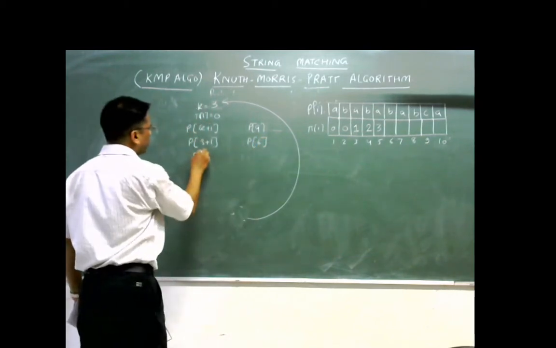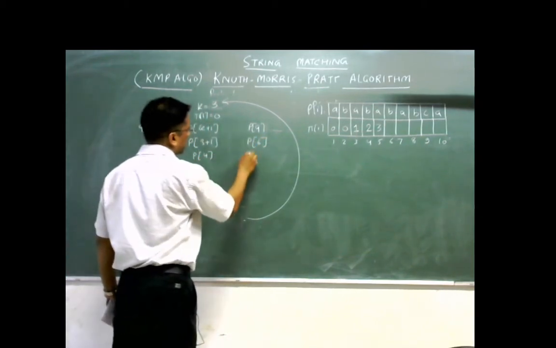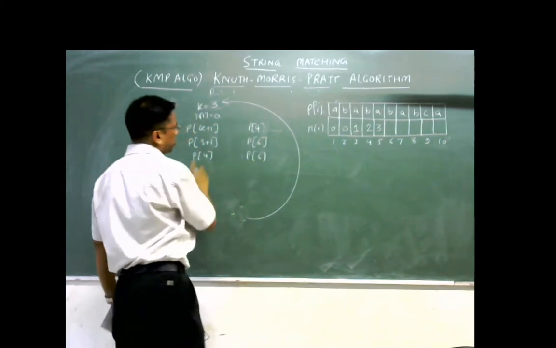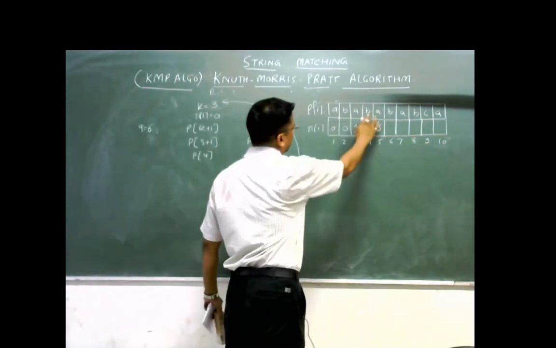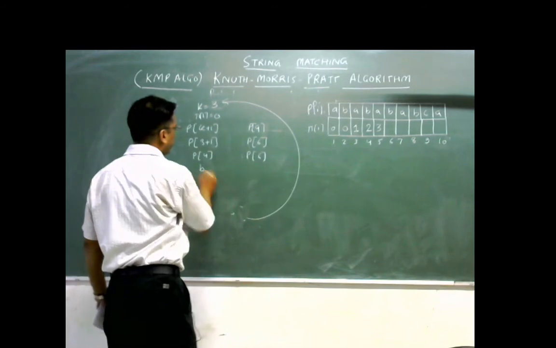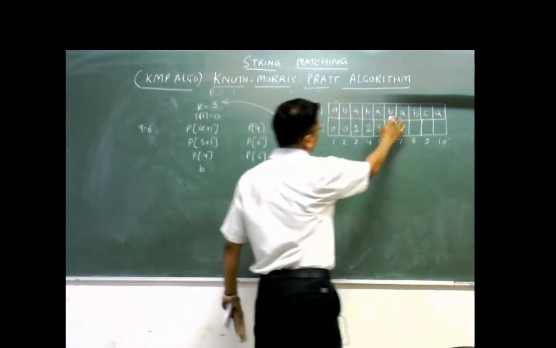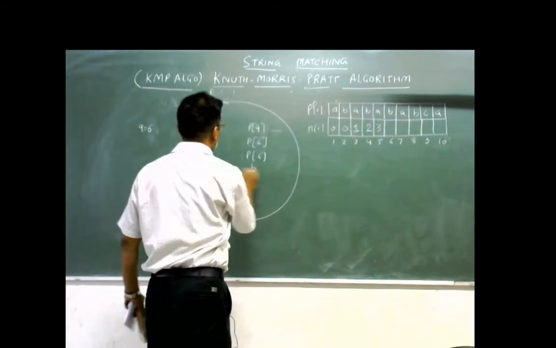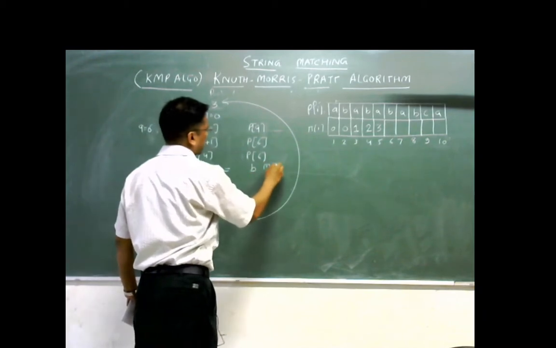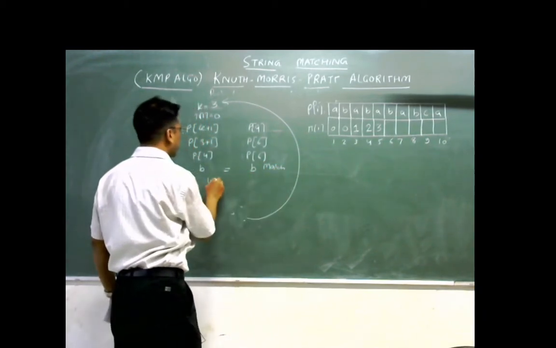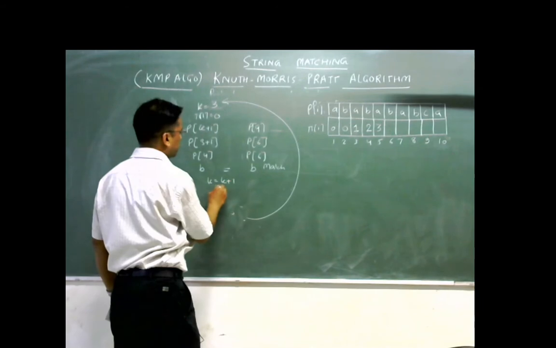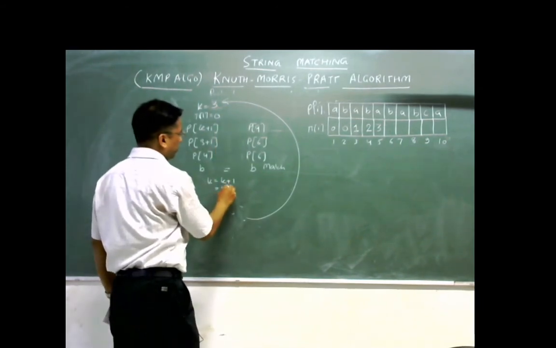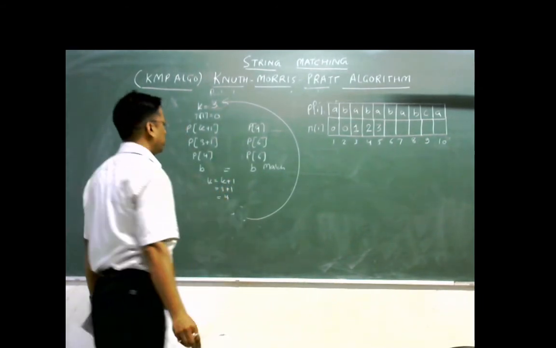Here P4 and P6. At position number 4 the element is B, and at position number 6 the element is B. So match. So k would increase by 1, k plus 1. k was 3, so 3 plus 1 is 4.